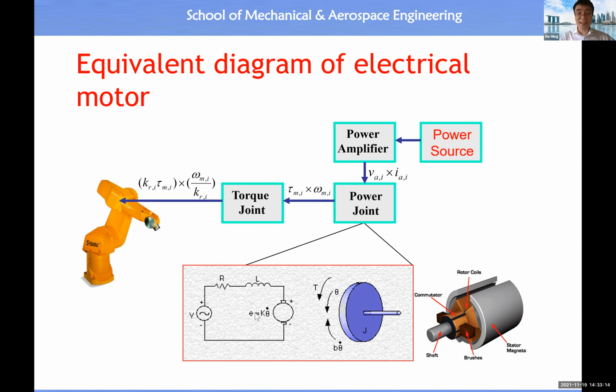This is the equivalent circuit. Applying the voltage produces a current which flows through this circuit. So the applied voltage minus the voltage produced by this electricity generation effect gives the net voltage, which produces a current across the resistor and the inductor.